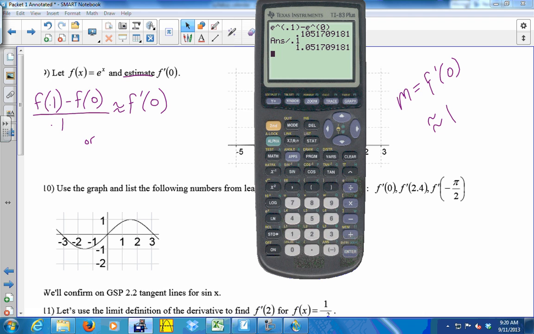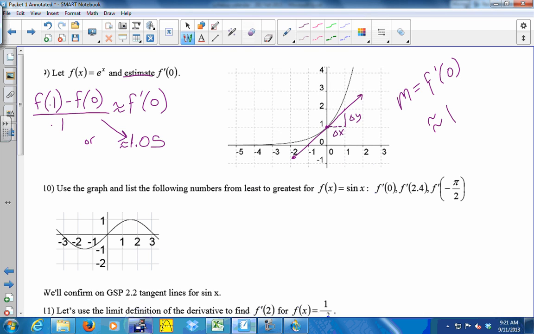I get very close to 1, 1.05. And if I had done a smaller time interval, I'd be even closer to 1. Okay, so visually here we drew the tangent line, whose slope is the derivative.